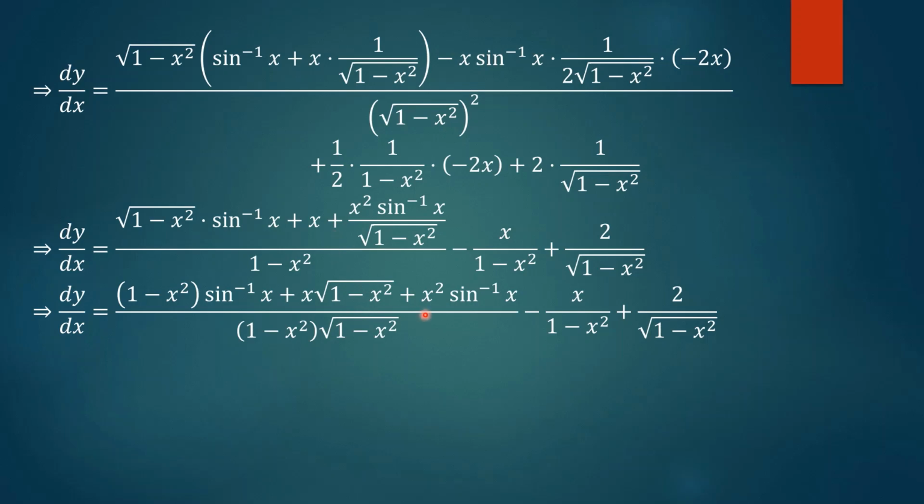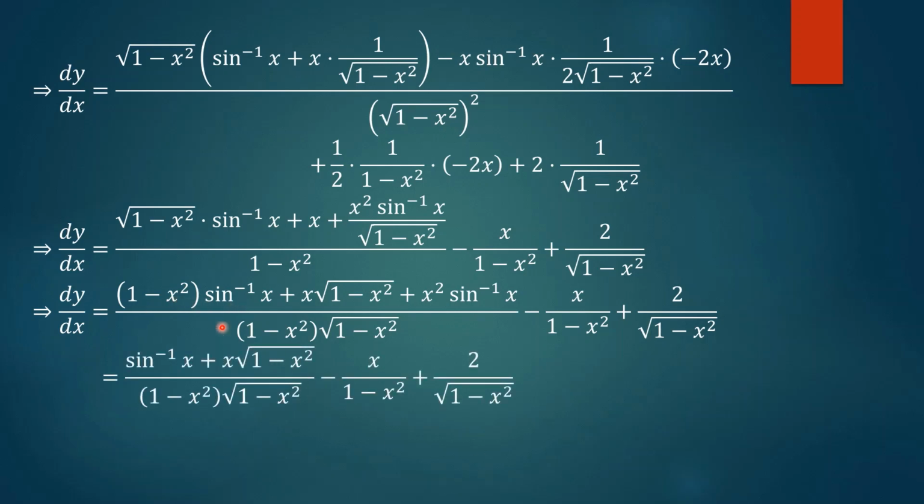Then this is plus x square sine inverse x remaining the same, and this root over 1 minus x square will come to the denominator, and this term was already present in the previous line. Okay, so this root over 1 minus x square comes as the denominator, and this term is a product here, and this term remains the same, minus as it is. Then we complete this product.